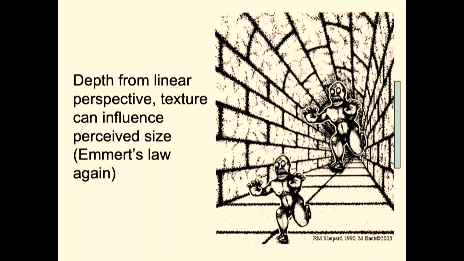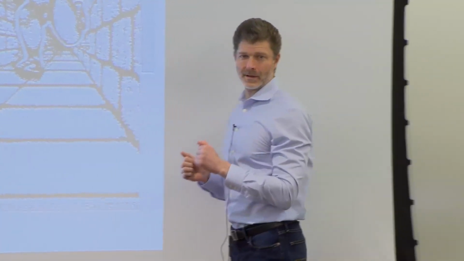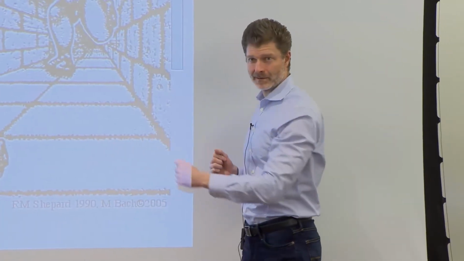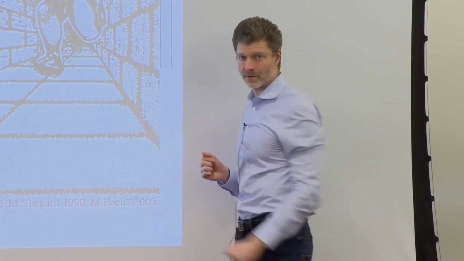But in fact, the two monsters are exactly the same size in the image. So this is, again, Emmert's law. You've got the same visual angle subtended by this monster and that monster. The depth cues indicate that this one is further away than this one, so Emmert's law tells you that this has got to be proportionally bigger than this one.